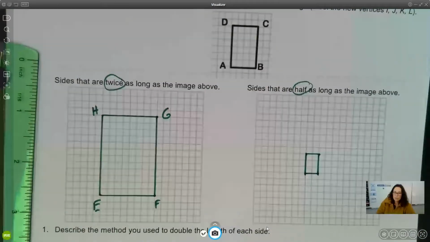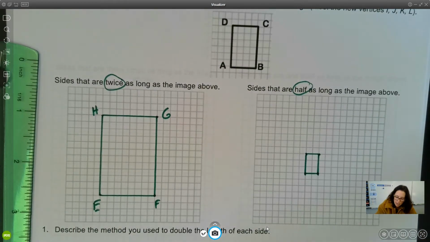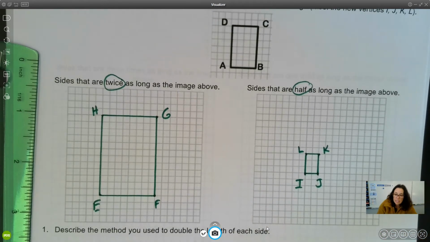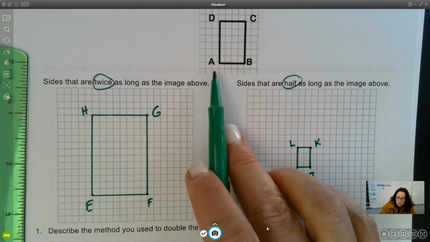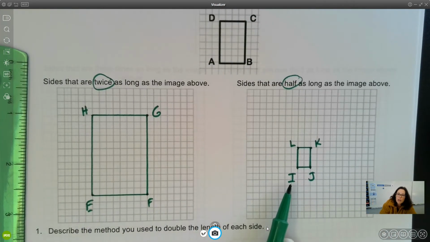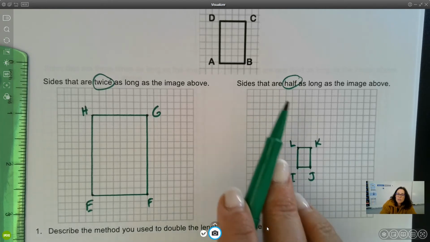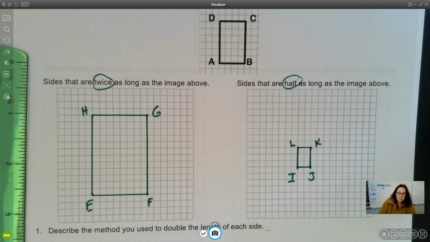All right, and we needed to label this one IJKL. And again, you're rounding it just like we rounded this one. The A needs to pair up with the I, the B with the J, the C with the K, the D with the L. Okay.